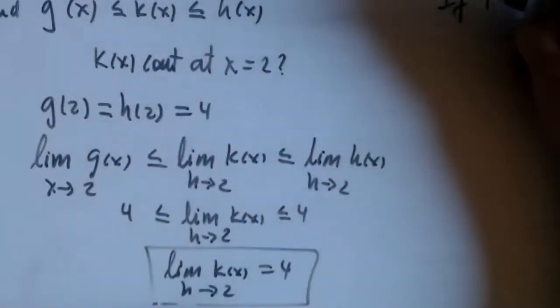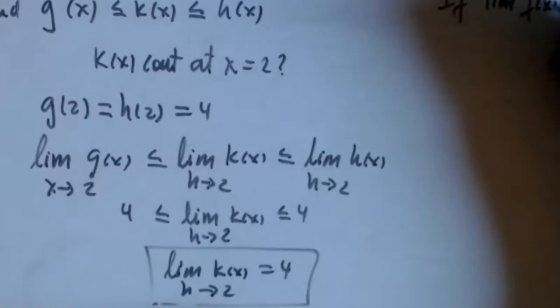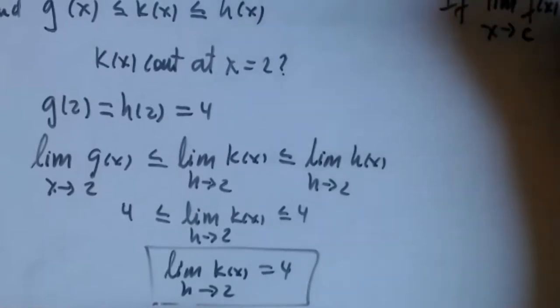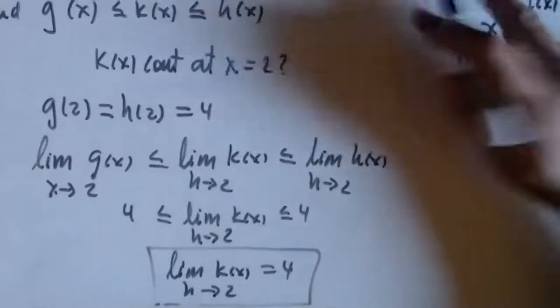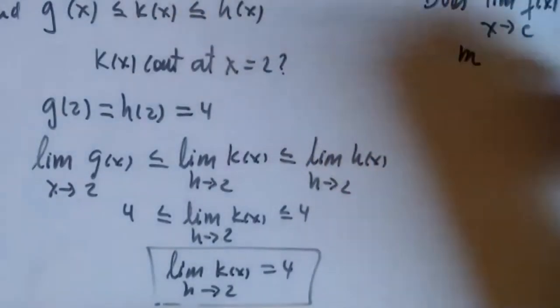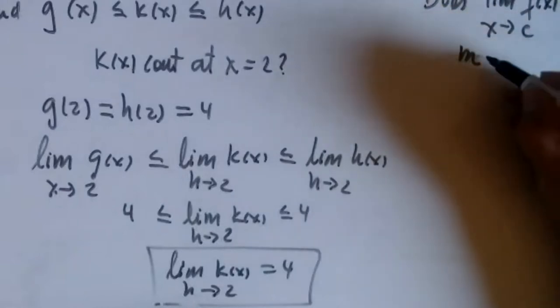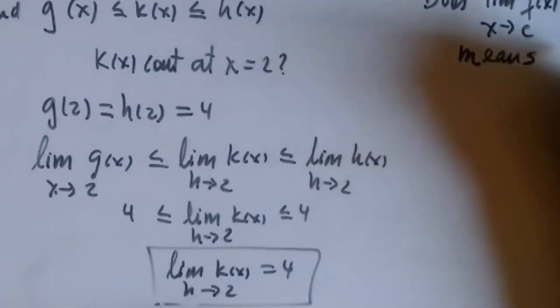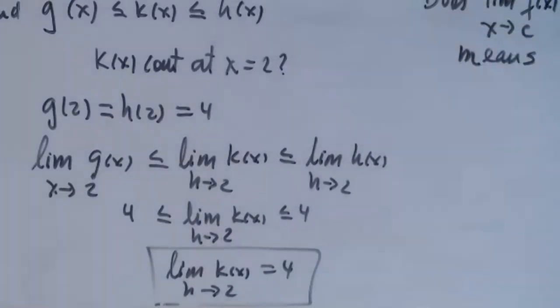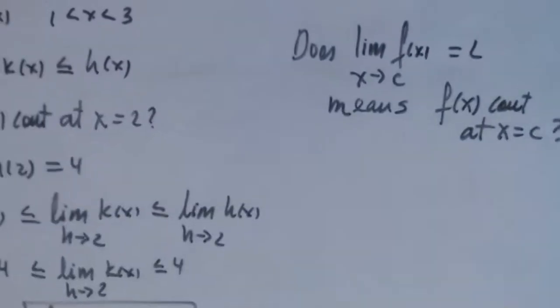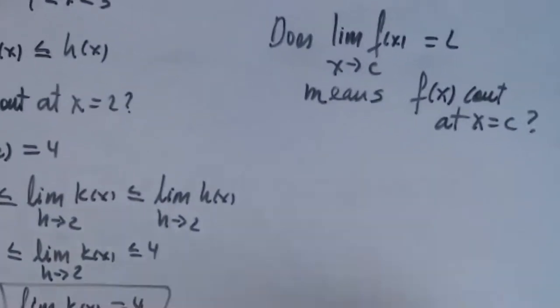If the limit of f of x when x approaches c equals L, does that mean f of x is continuous at x equals c? Right here, this is what I wrote.